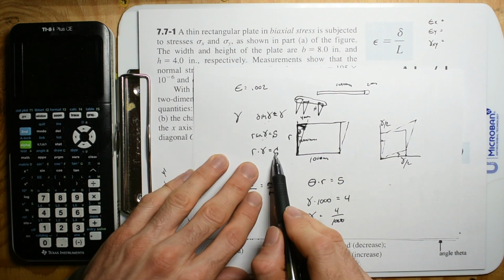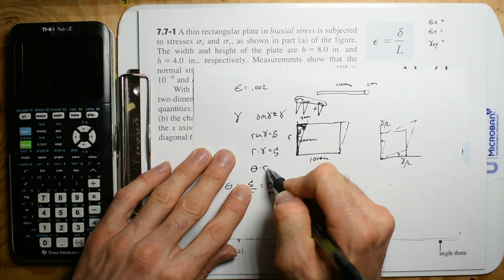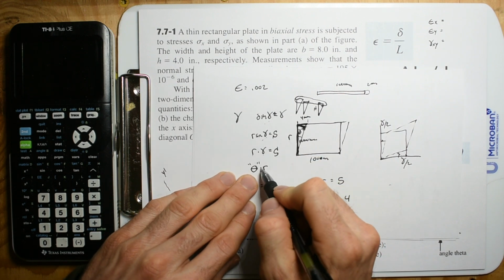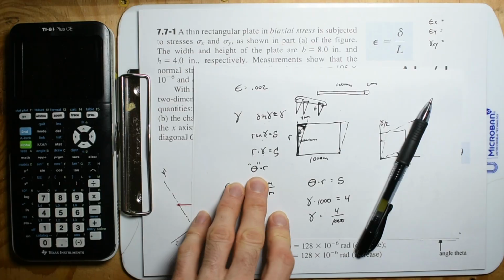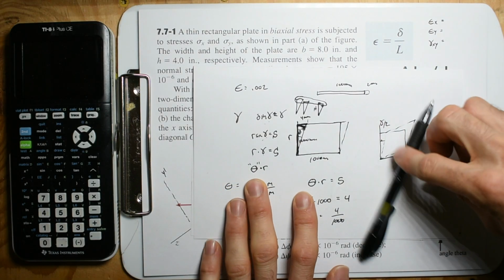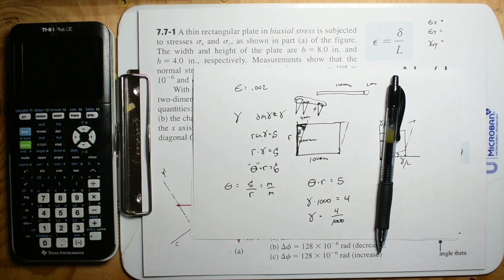Radius times radians is arc length, but I like to say it radians times radius, because radians is bizarre, and if you multiply it by the radius, you get something normal, and that something normal is arc length. Alright, let's move on.